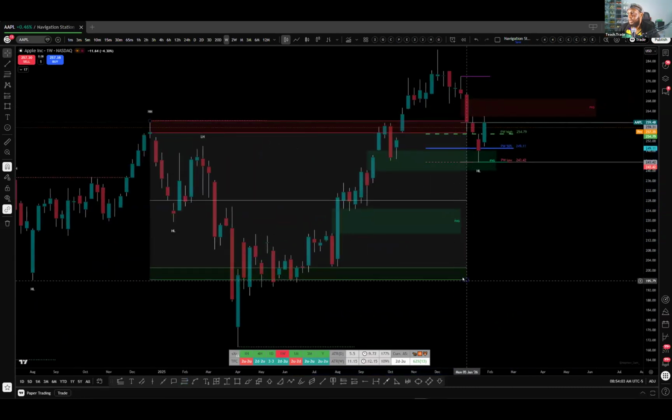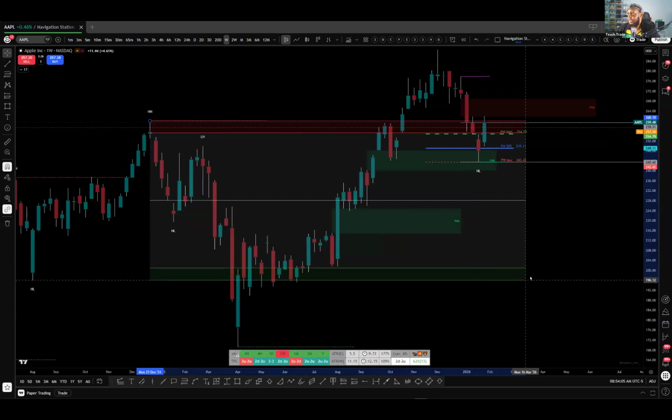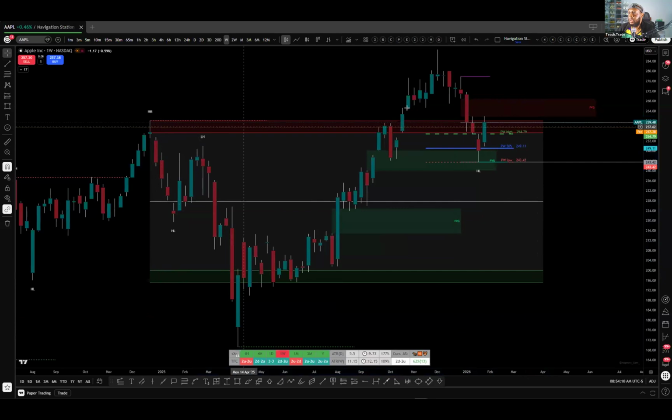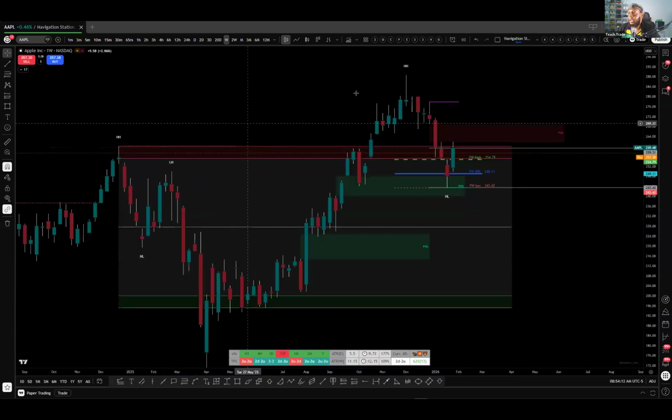And so what I would want Apple to do is what it's doing right now. It broke above this swing high, took out the players up in here who probably caught this on the bottom.